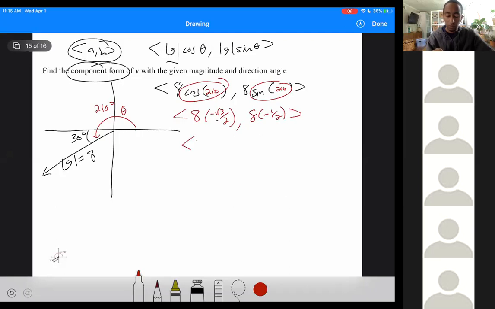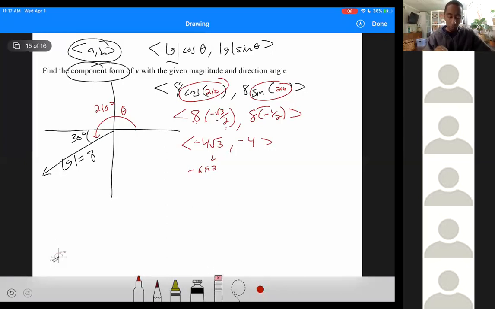And this part on the left will give me negative 4 square root of 3, because 8 divided by 2 is 4. And this part right here would give me negative 4. If I wanted a clean number with no decimal, I could use the unit circle because 210 is on the unit circle, right? And that's what we would get. If you wanted this as a decimal, I think it was negative 6.92.